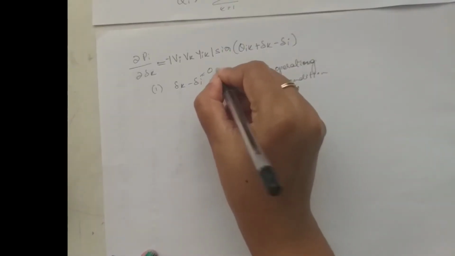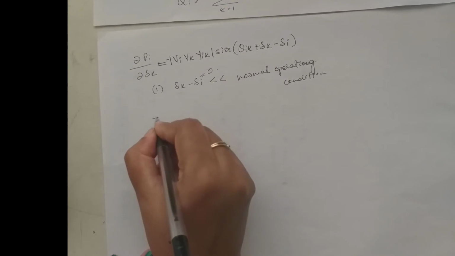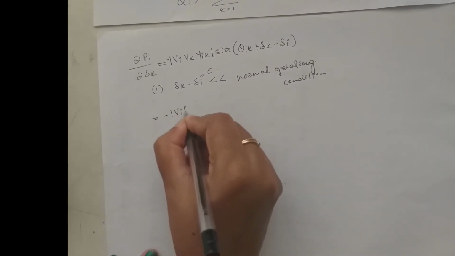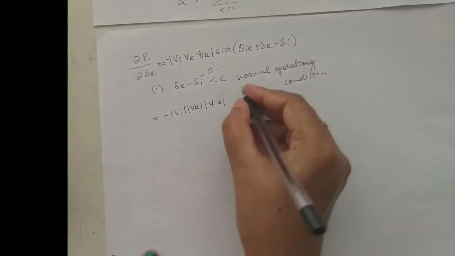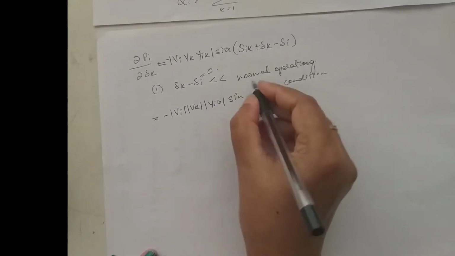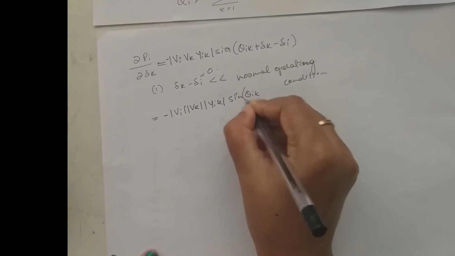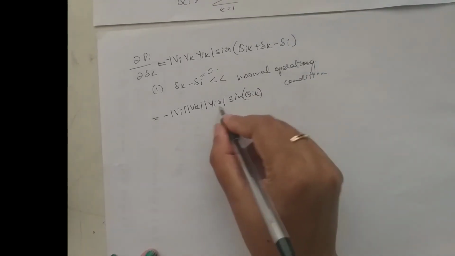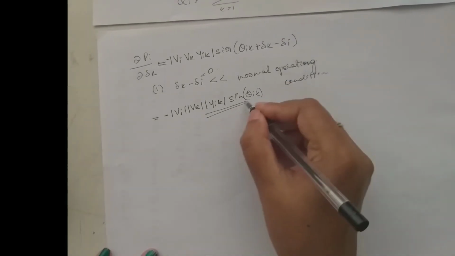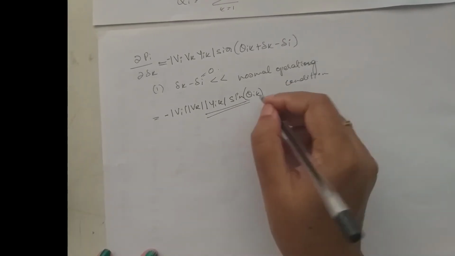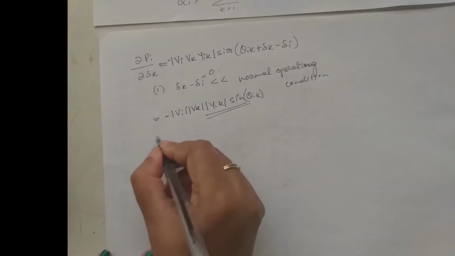When we take this as 0, we are left with minus Vi Vk Yik sin theta ik. Yik cos theta ik is Gik, and Yik sin theta ik is Bik.